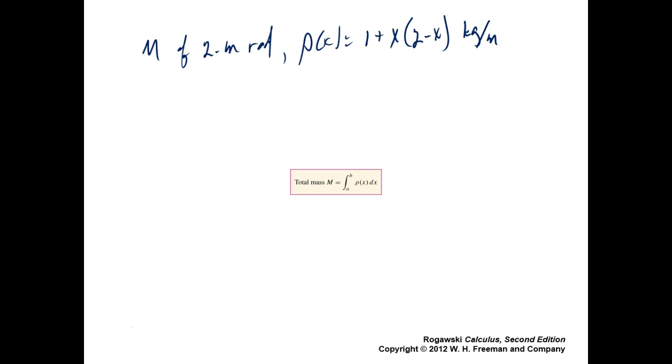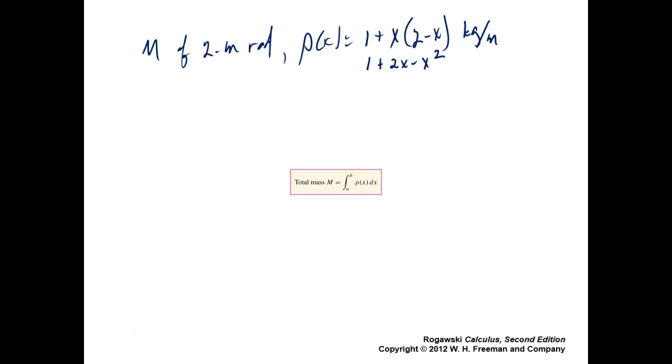In fact, maybe a better way to do this would be this: 1 plus 2x minus x squared. Okay. Right. All right. Now, let's say half a meter into the rod.